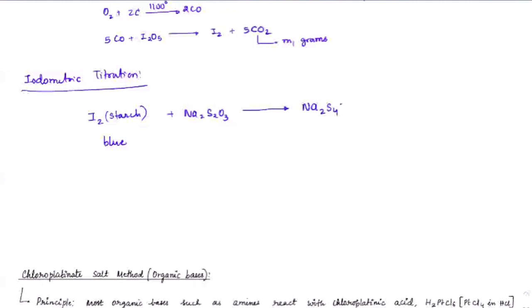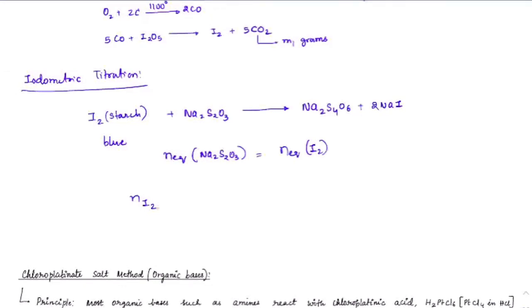I am sure you have done this in redox reactions. Okay. So from there you will find the number of equivalents of Na2S2O3 hypo, which will be the same as the number of equivalents of iodine. Right. From the number of equivalents of iodine which we got, first calculate the number of moles.